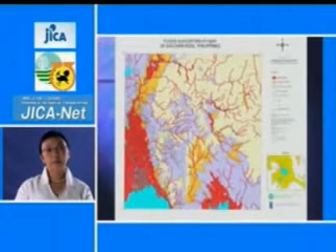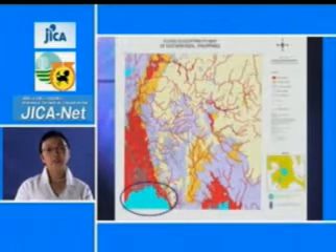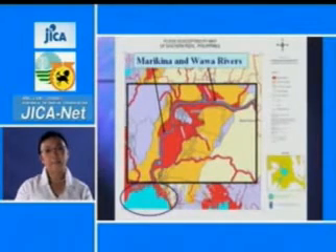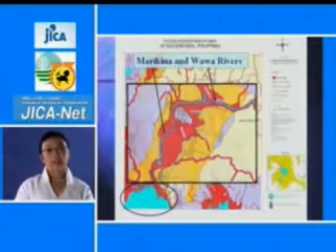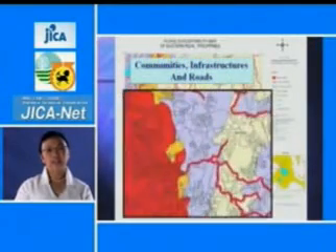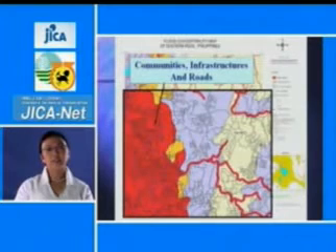In this map, you will see the Laguna de Bay, as well as rivers such as the Marikina and the Wawa rivers and its tributaries. Lastly, these close polygons and lines represent the built-up communities, infrastructures, and roads in the area.